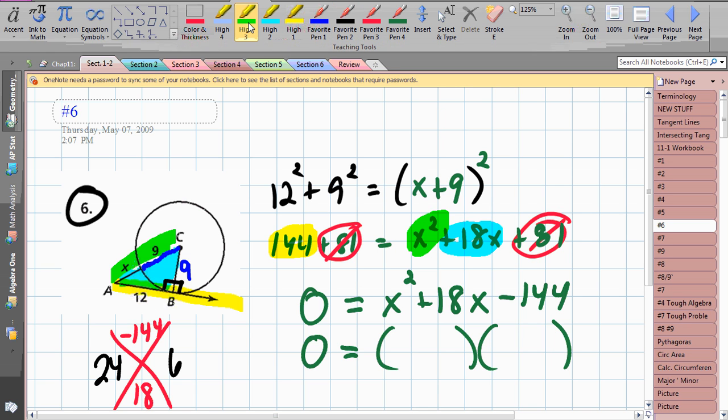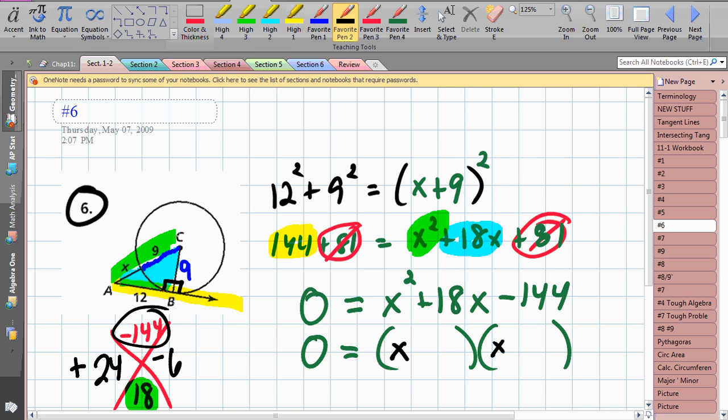That implies that one of these two numbers right here has to be positive and the other one has to be negative. But when I add them together, I want a positive 18. So that tells me if I make the 24 positive and the 6 negative, that gives me the balance here between 24 times negative 6 is negative 144. But when I add them together, I get a positive 18. And so that turns out to be the factors in here.